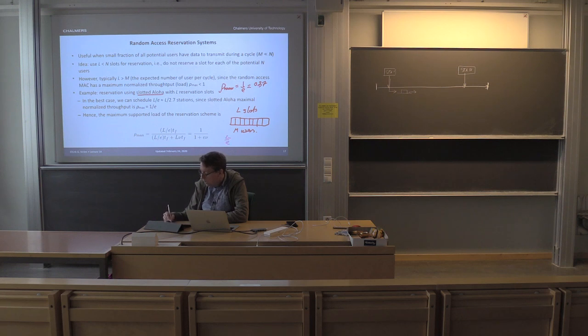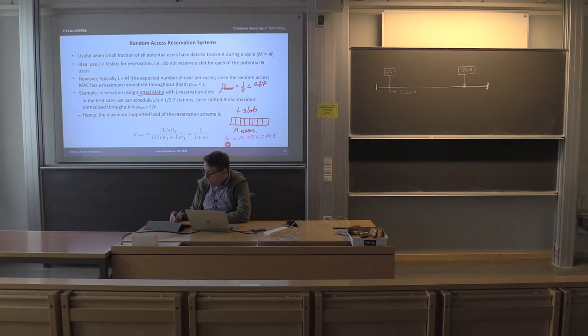So we put L over E equal to M. Okay, that's how to choose L. So L is M times E. That's at least the best we can hope for. Typically, I would choose L to be a little bit larger than this.